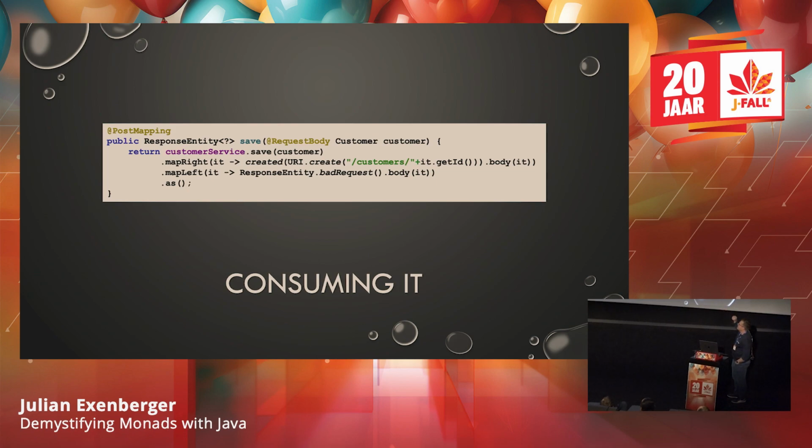I take that value, do an HTTP 201 created, generate a URI from that, and then pass back the customer as the body. Or if it's a failure, I do a 400, and map left takes the left-hand side, so in this case the body will become the error list. Then I've got the as method, which is a yield, and that does a narrowing and takes that value and narrows it into a single type.